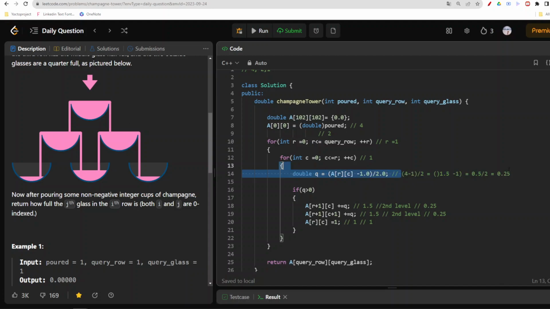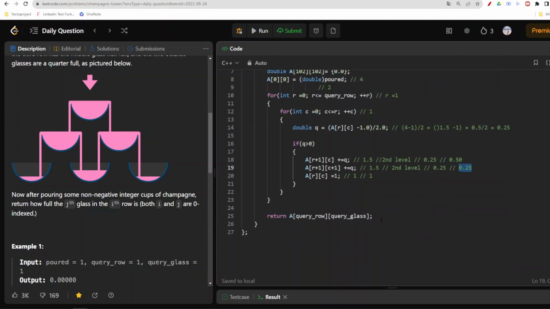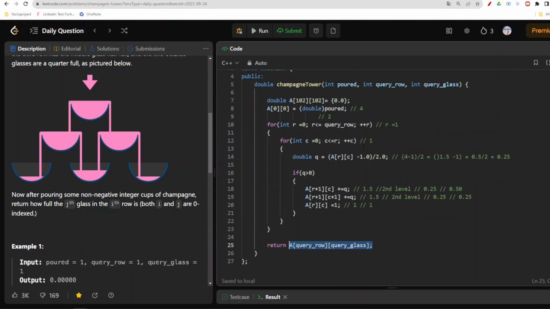So again the same thing will happen, and the first one will become 0.50 because it gets added up. And the second one, at the rightmost part, will get 0.25. And now as per the question, as per this input, we require the second row and first glass, right? So the second row and first glass is having 0.25 and that would be returned here.